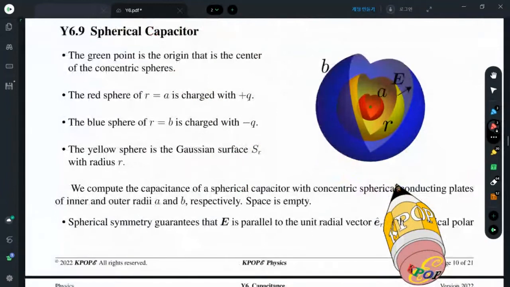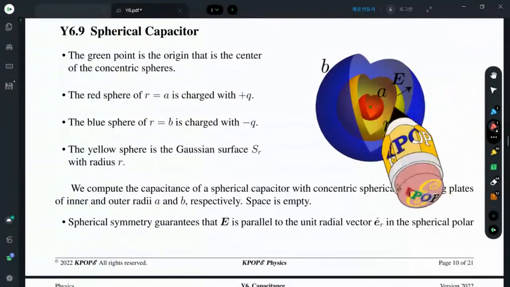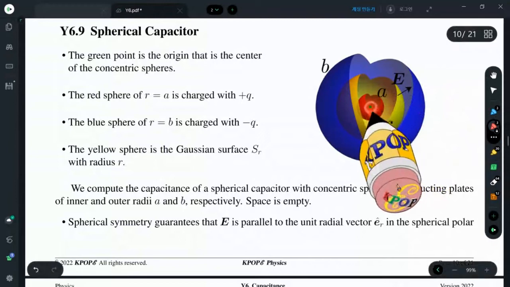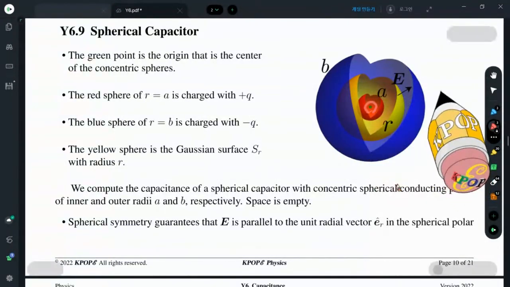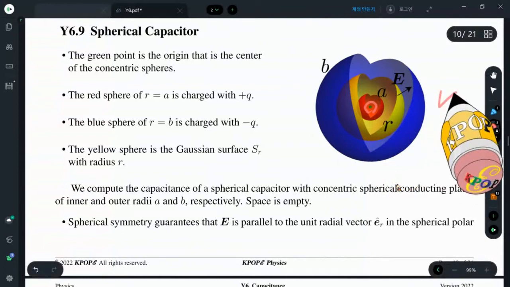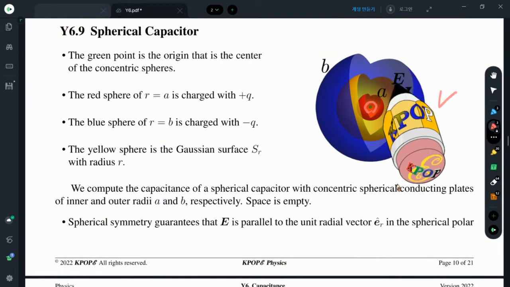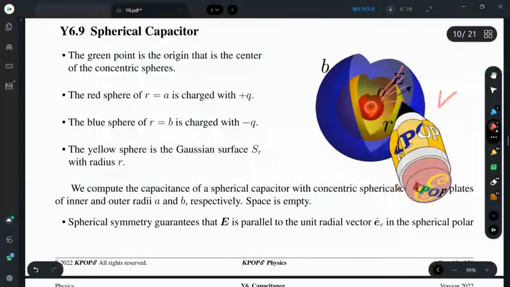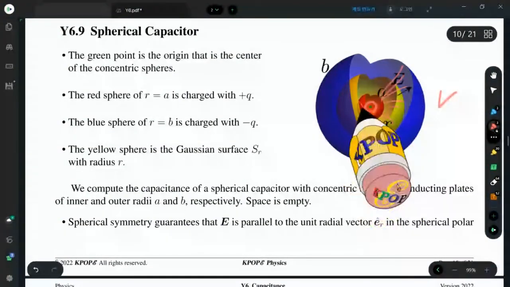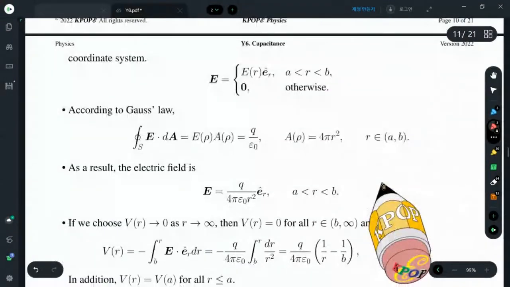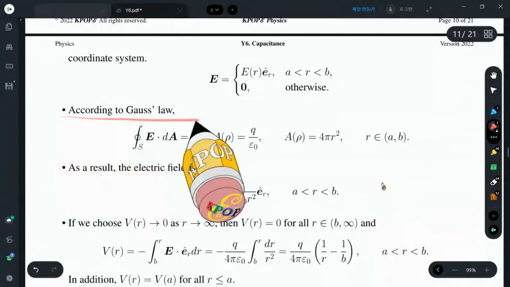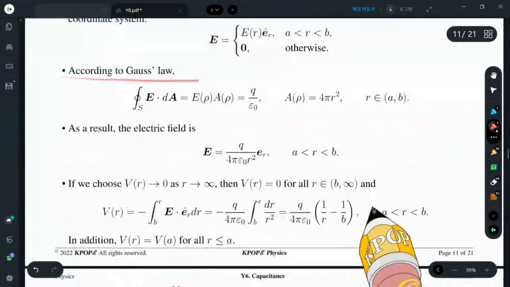What happens if we introduce a spherical capacitor? Again, in this case, inside the inner sphere, the electric field vanishes. Outside the outer sphere, the electric field vanishes. Only between the two spheres is the electric field present. And the electric field can also be computed by using Gauss's law.